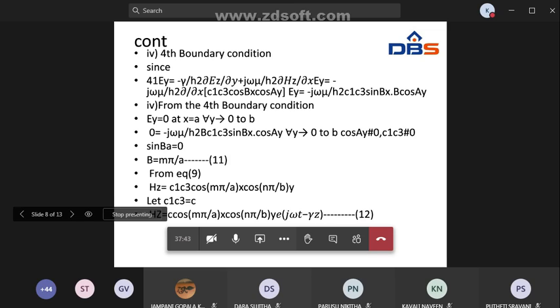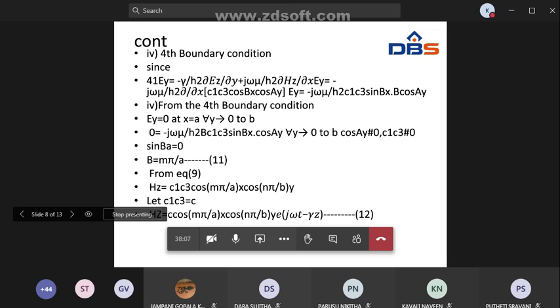hz equal to C1 C3 cos m pi by a x cos n pi by b y. So let C1 C3 equal to C, then we can write hz equal to C cos m pi by a into x cos n pi by b into y, e power j omega t into e power minus gamma z, right?